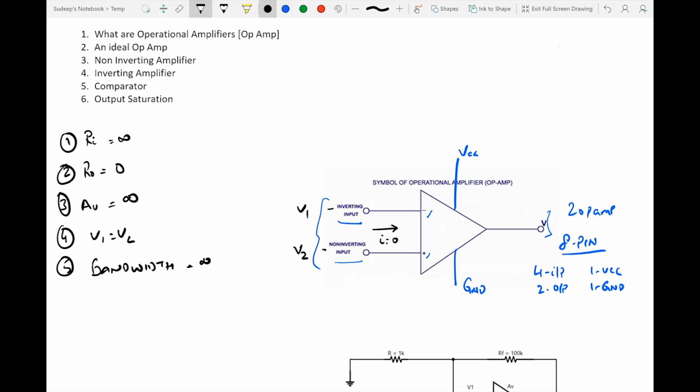The sixth is that temperature differences would not cause a drift in the characteristics of an OpAmp, which means that irrespective of whether I'm operating the operational amplifier at 15 degrees centigrade, 25 degrees centigrade or 35 degrees centigrade, we would get the same above 5 characteristics irrespective of the temperature at which it is operating. So those are the characteristics of an ideal OpAmp which we would be considering whenever we would be doing our mathematical calculations and so on.